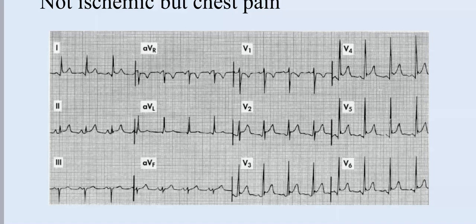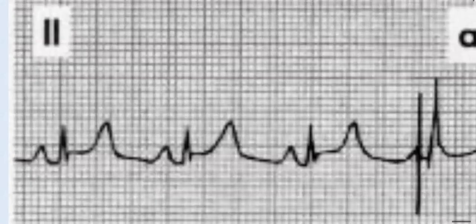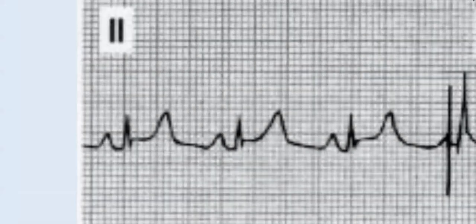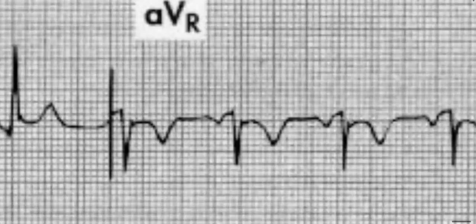In this patient, if we focus a little bit, I might show you something here. You see this PR? Look here. Look at the aVR. What about the PR? Elevated. Yes, elevated.